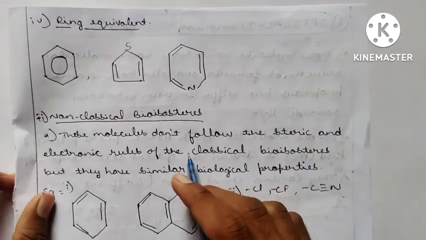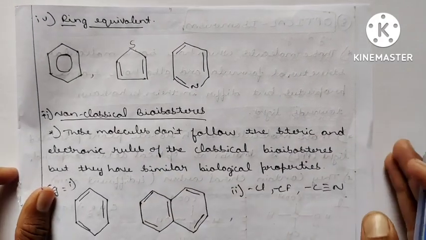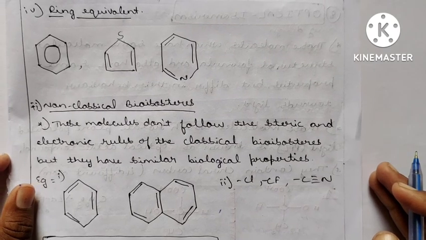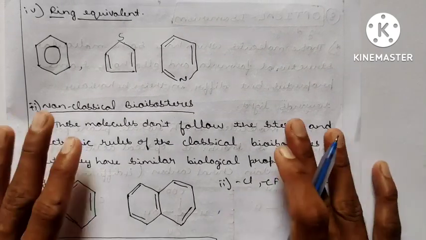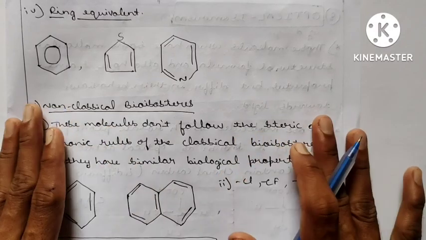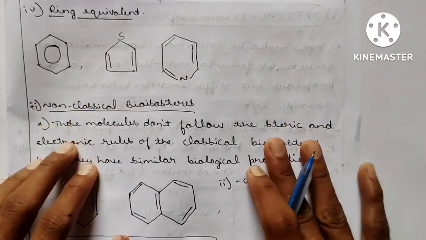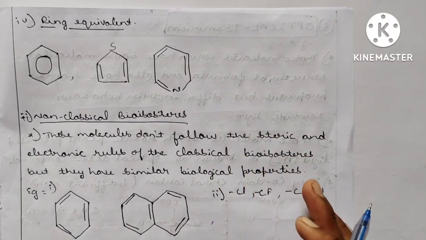Now non-classical bioisosters. The concept of non-classical is that they don't follow the steric and electronic rules of the classical bioisosters. So they are not similar, but they have similar biological properties. They are not sharing the physical, chemical or structural properties, but they have similar biological properties. This is a very important concept in non-classical bioisosters.